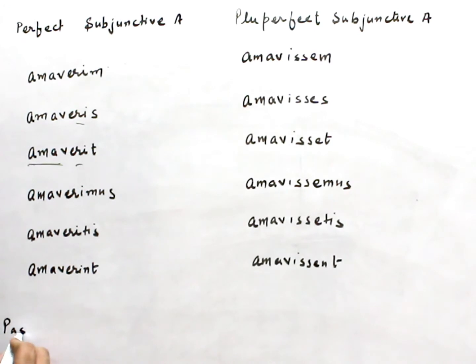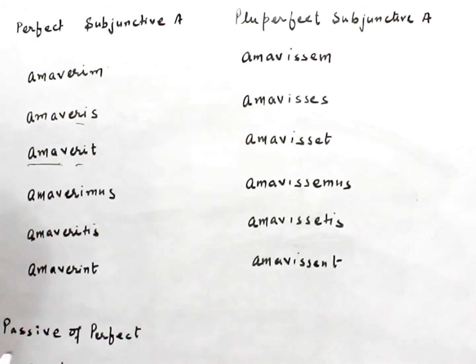Passive of perfect is, already we have learned this, amatus for male, sum. That means I have been loved.